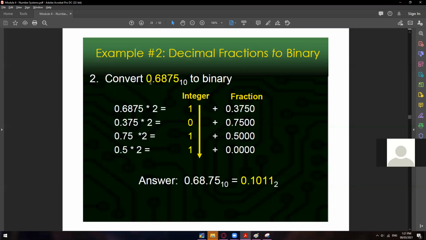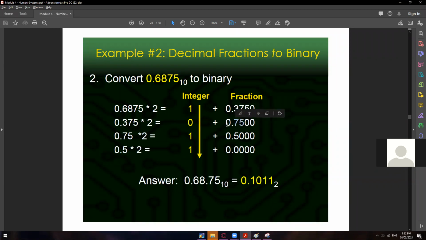We have here 0.6875, and it is asking us to convert it to binary. Just copy this one, 0.6875 multiplied by 2, and whatever the result is, separate the integer from the fraction. Then copy the fraction part, 0.375 times 2, and we'll get 0.75.